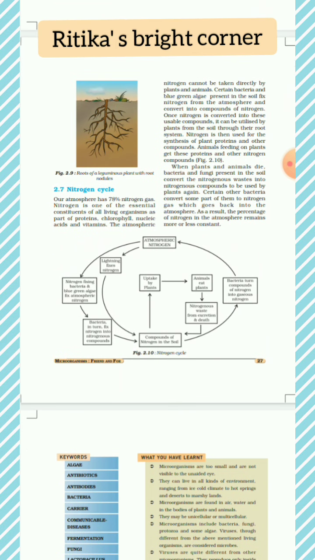Our atmosphere has 78% of nitrogen gas. Nitrogen is one of the essential constituents of all living organisms as a part of proteins, chlorophyll, nucleic acids and vitamins. Nitrogen can't be taken directly by plants and animals.